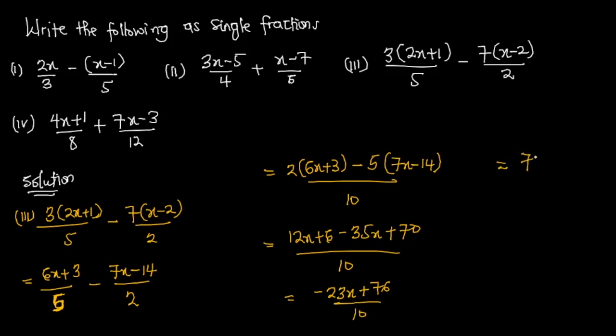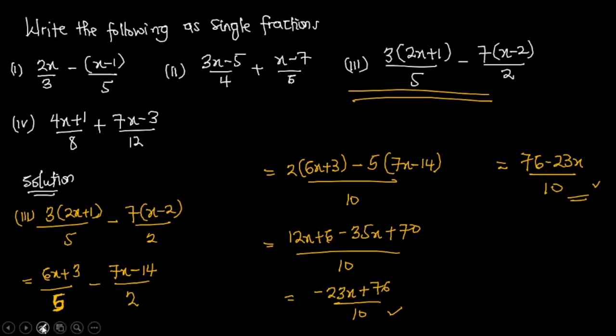So I have (76 − 23x)/10 as my answer for the third example that we have over here. Either you leave it here or you rearrange it and get it here, the answer is still the same. Alright, so let's have a look at the final expression. So let me clean everything.